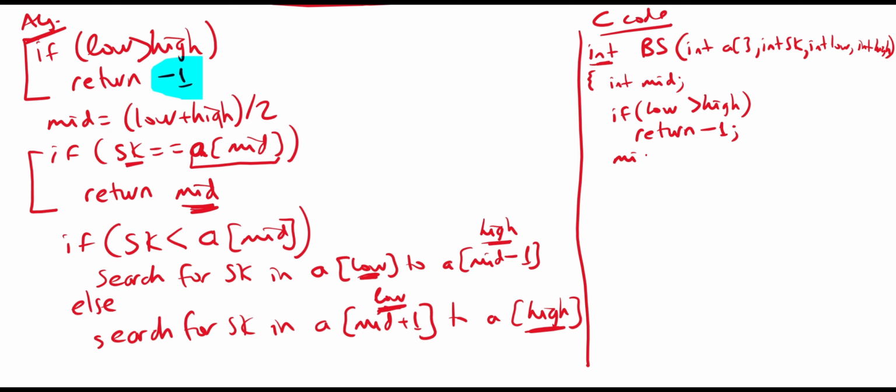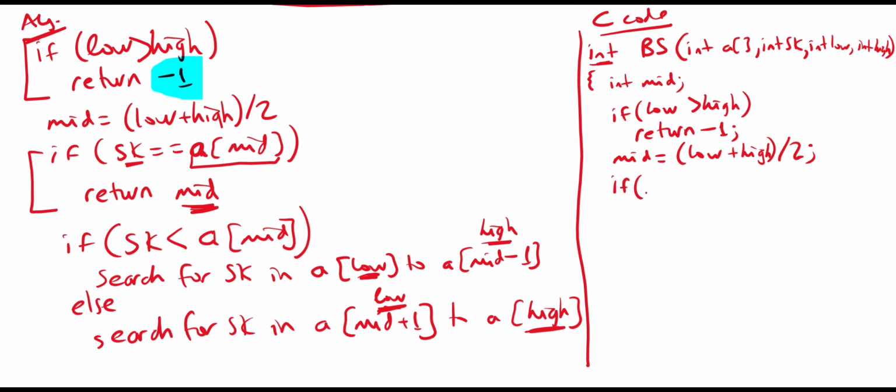And then I will calculate mid, low plus high over 2. The sum of two integers will produce an integer value, and if you divide an integer by an integer, the result will be integer division. So mid will be an integer. If there is any fractional part, it will be removed automatically by the compiler.